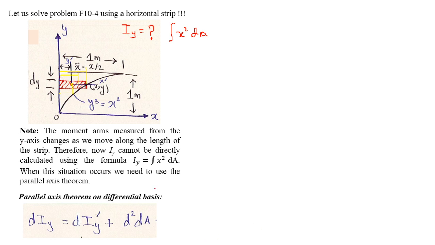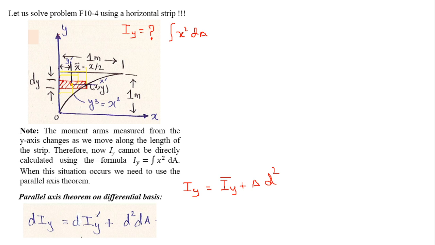The parallel axis theorem was given by Iy equals Iy dash bar plus area of cross section into the distance between the two parallel axes squared. So this d square here is the distance between the two parallel axes.